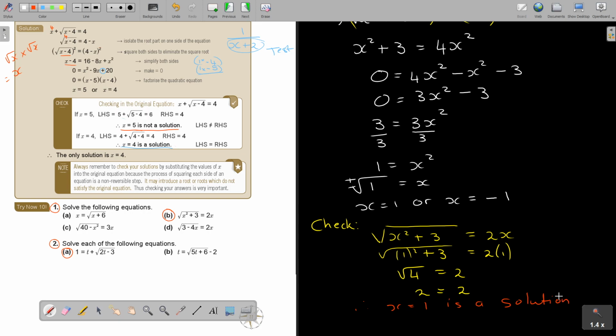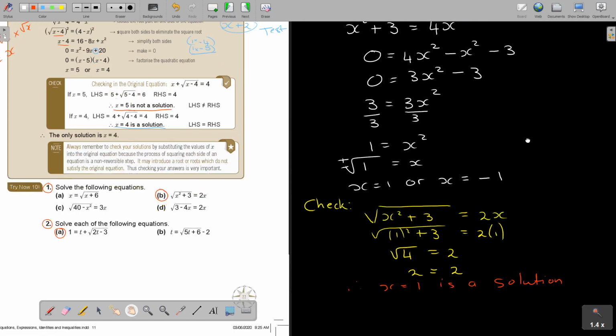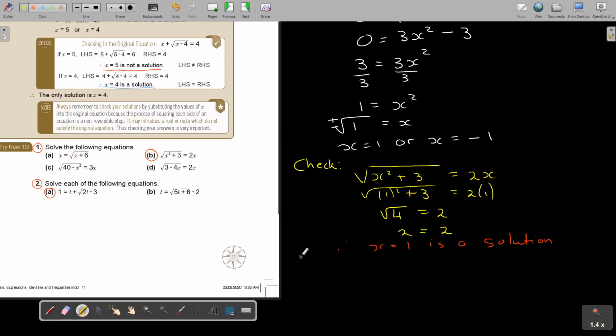But now let's try the next one. Oh, let's just keep to yellow. I think I'm just making it green in this case. So x squared plus 3 equals 2x. And now I substitute negative 1. So negative 1 squared plus 3 equals 2 negative 1.